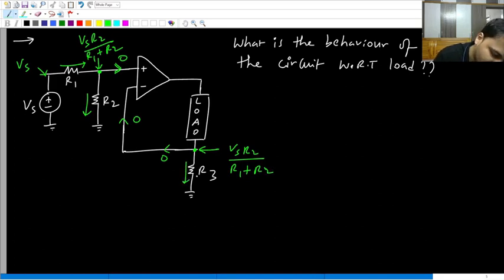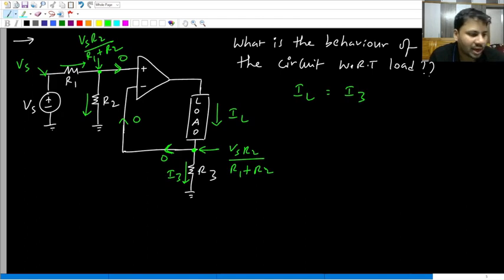So what is this current? This voltage minus 0 divided by R3. Let us call the current through the load IL, the load current. Now because this current is 0, will IL not be equal to this current? Let us call this current I3. So the load current is equal to the current through this R3, denoted by I3.